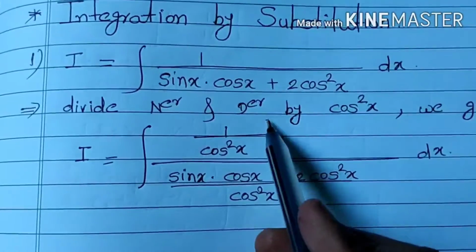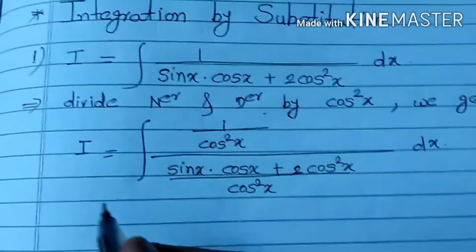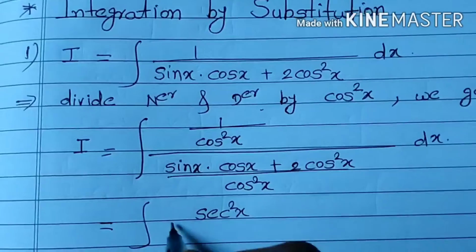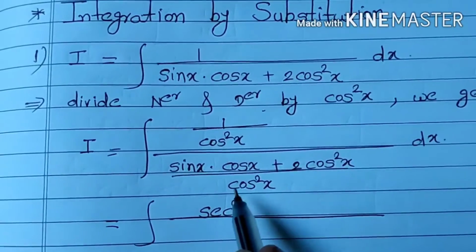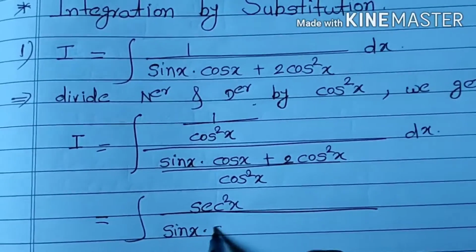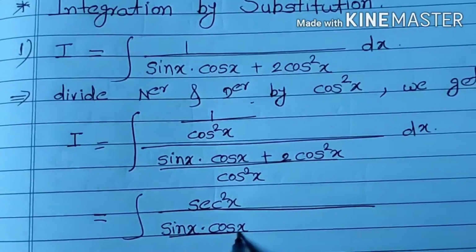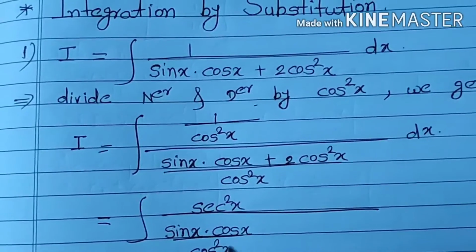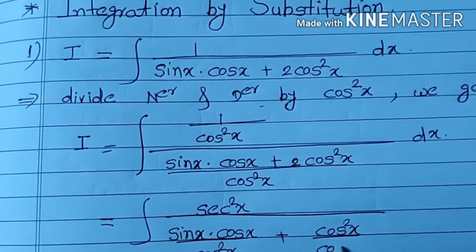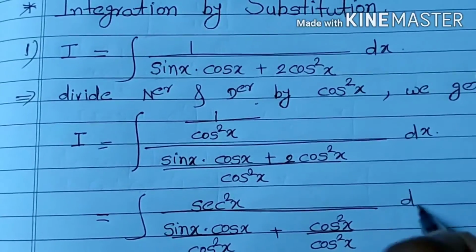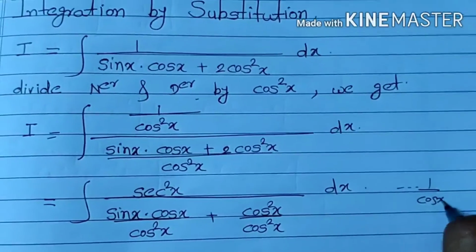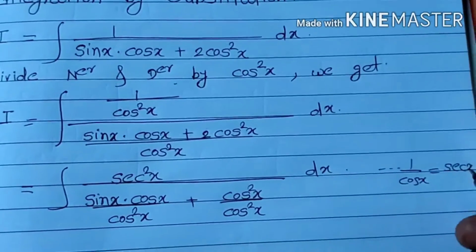We know that 1 upon cos square x is sec square x, so write here sec square x, and separate this denominator. So we get plus, and this is over dx. You can write here 1 upon cos x is equal to sec x.